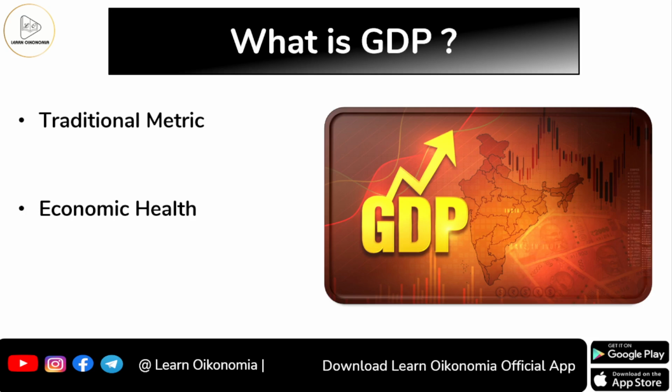Okay, now what is the implication of GDP? We know that GDP is a very traditional metric, isn't it? So we think that whenever we have GDP, we will have some kind of signal regarding the performance of economy. So GDP will help us to know about how the economy is performing. So if we have a high GDP, we will consider that, okay, the health of the economy is very good.